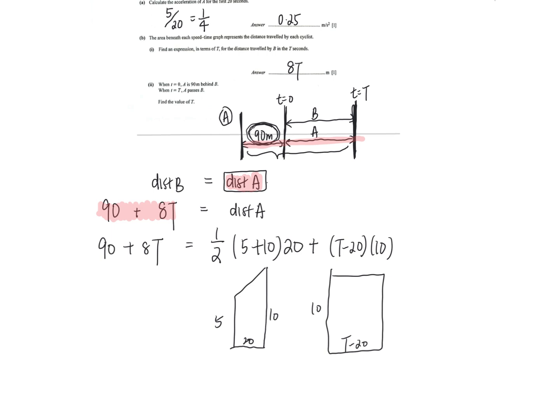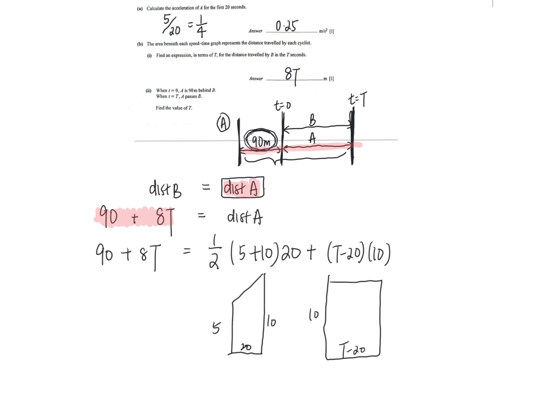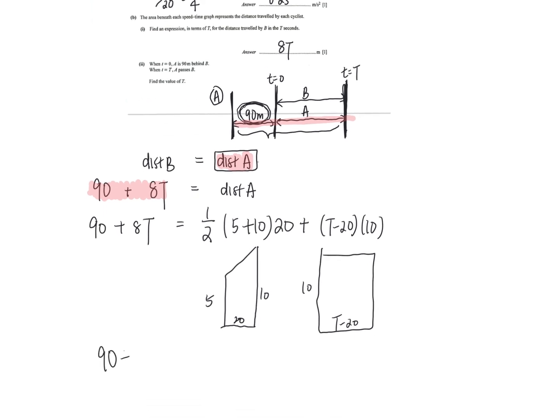When it passed through at that time t, it means they meet at that point. They are exactly at the same place. So within that t seconds, A needs to cover the distance covered by B plus that 90 meters he or she fell behind. So when you simplify the expression, 90 plus 8t, this is a 10. So 150, 10t minus 200.